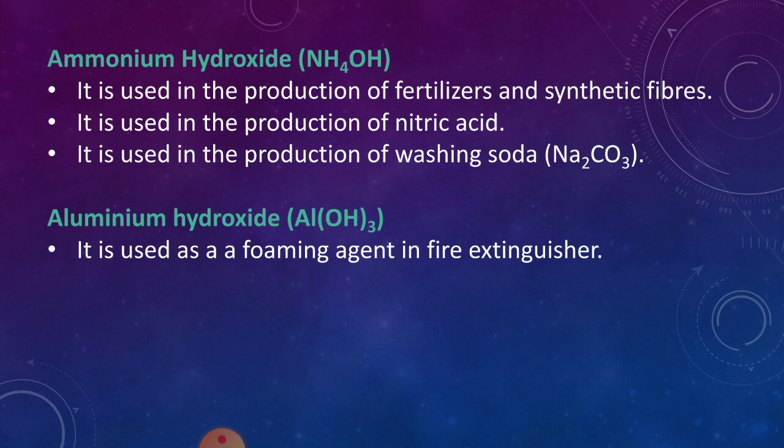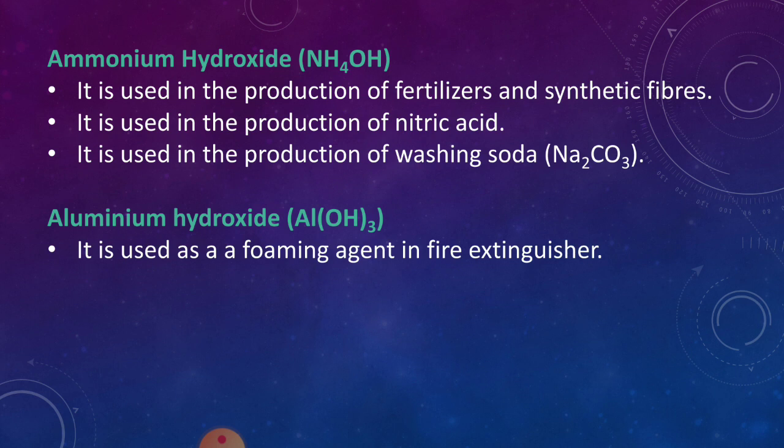Then the next two bases are ammonium hydroxide, that is NH4OH. Its common name is ammonia water. It is used in the production of fertilizers and synthetic fibers. Then it is used in the preparation of washing soda. Washing soda means Na2CO3, sodium carbonate.